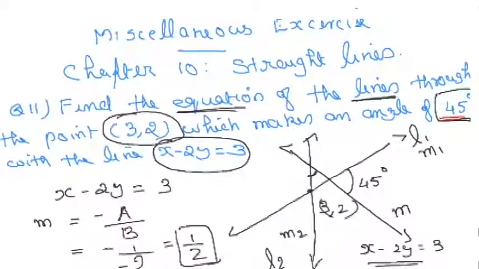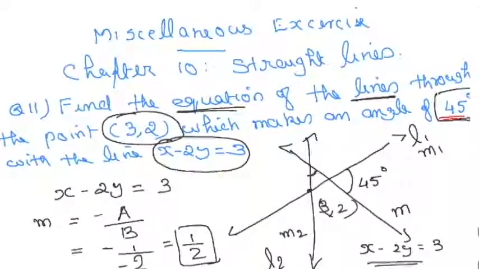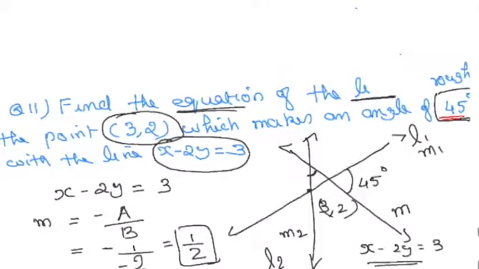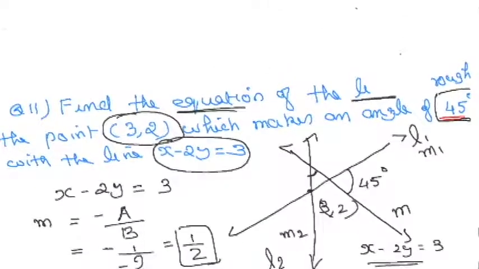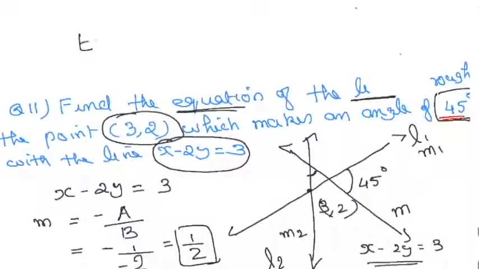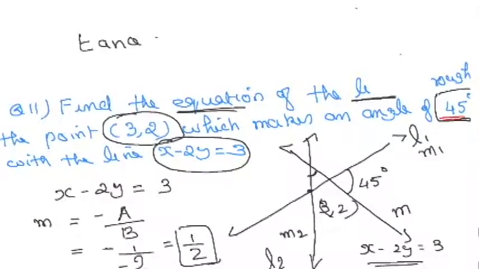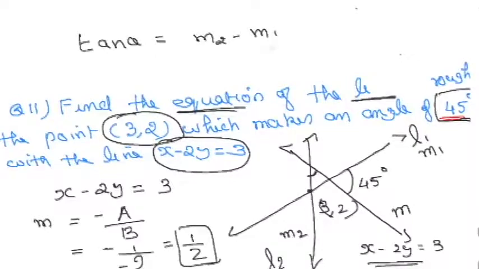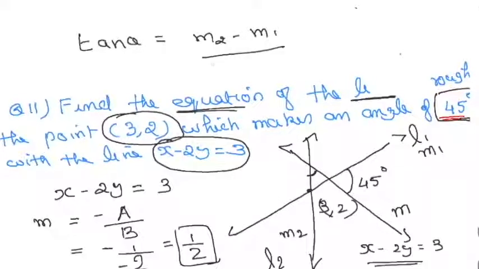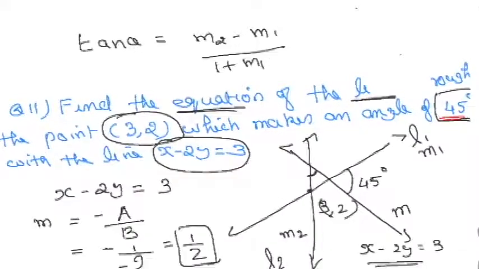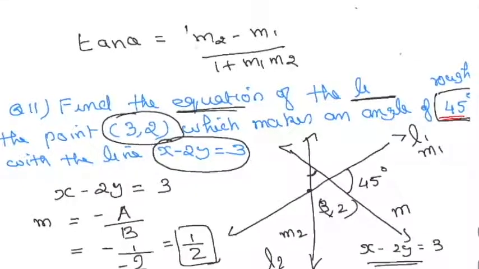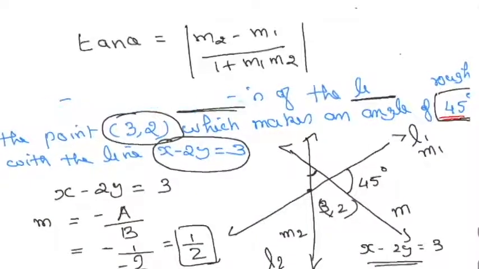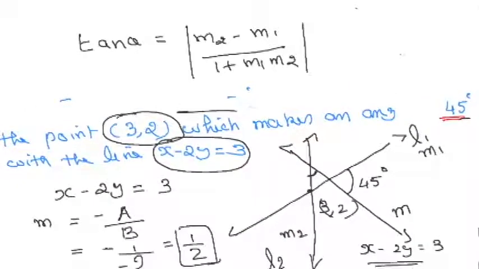Now, in order to find the slope of the lines, we can apply the formula for the angle between two lines when the slopes are given: tan theta equals the absolute value of (m2 minus m1) upon (1 plus m1 m2).